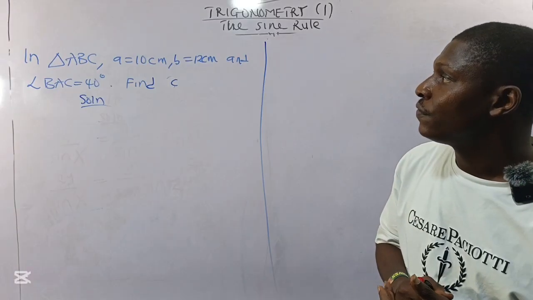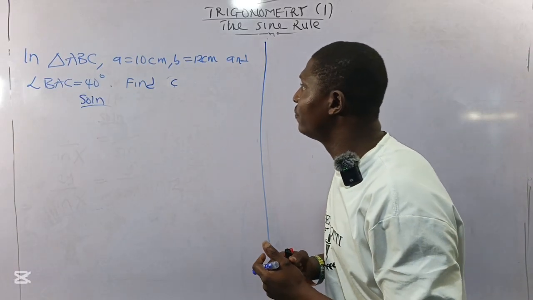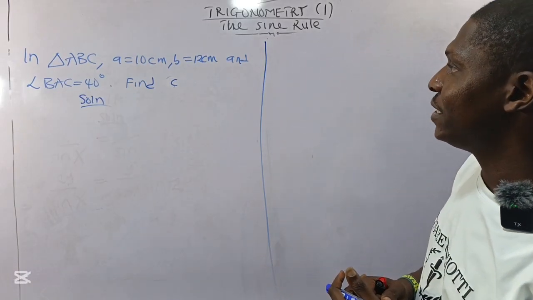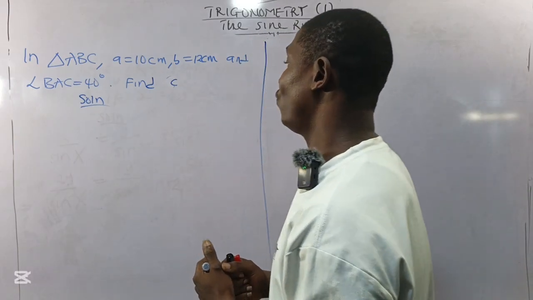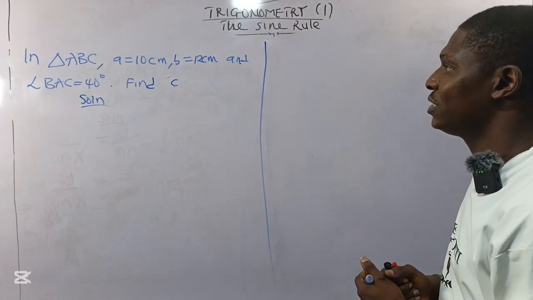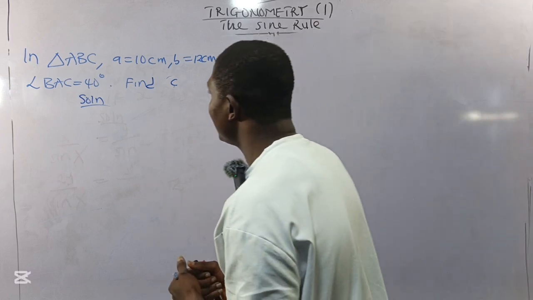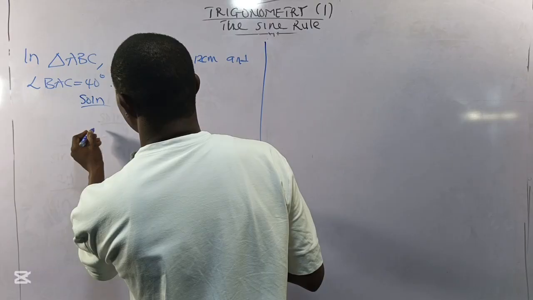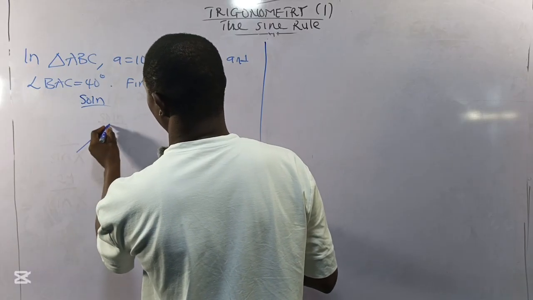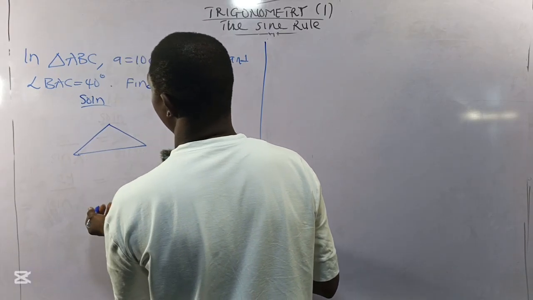So again, we have in triangle ABC, A is equals to 10 cm, B is equals to 12 cm, and angle BAC is equals to 40 degrees. We have to look for C. So let's see. Let's start by drawing the triangle. Let's assume this is a triangle.